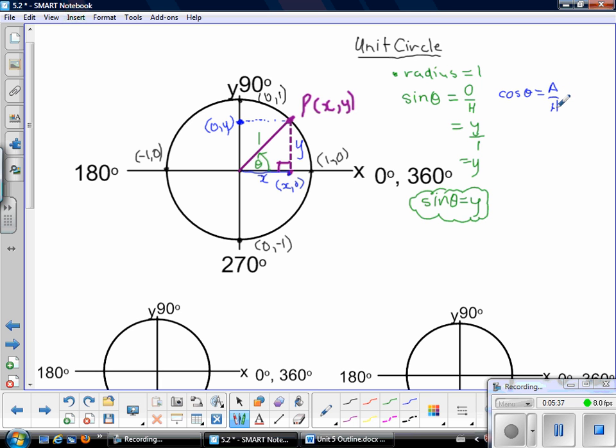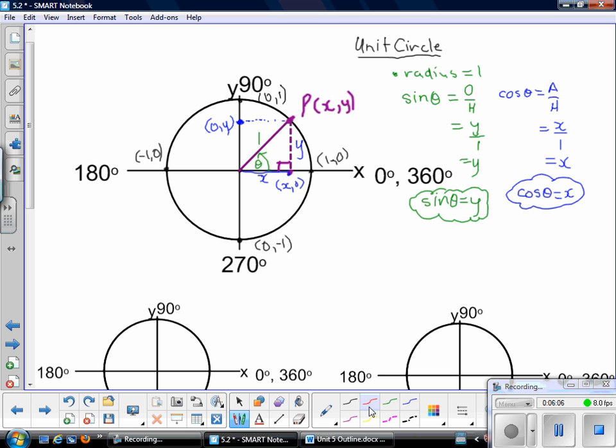So again, if I look at this unit circle and this triangle, the adjacent side, this is opposite, has the length of x, and it is over the hypotenuse, which is 1, which means that cos theta equals x. Again, very, very, very important.